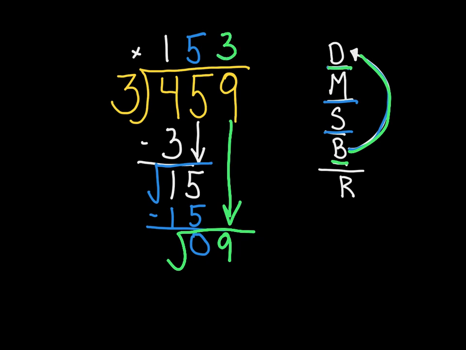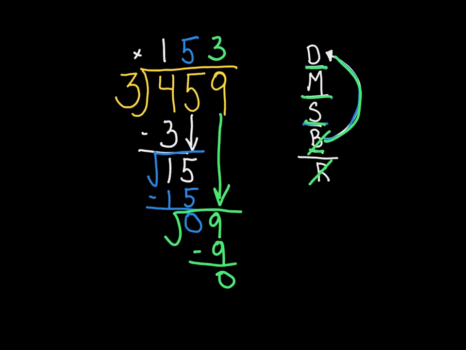There's your Dad, your division. Mom tells us to multiply. 3 times 3 is 9. Sister tells us to subtract, and we get 0. There is no number to bring down, and there's no remainder. There's no dog, so the answer, the quotient, is 153.